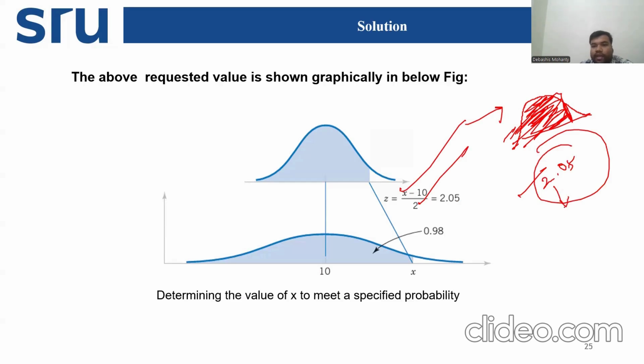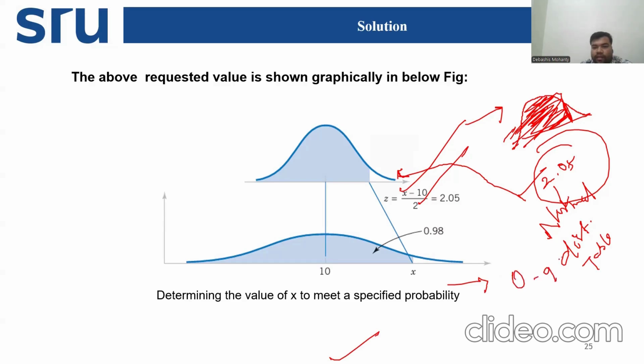Using the normal distribution table, we get this value affecting the area around the positive z score. Both are positive, 2.05 and 0.98, but there is a change in the shape. In the second graph, we are finding 0.98, and in the first, the z value.